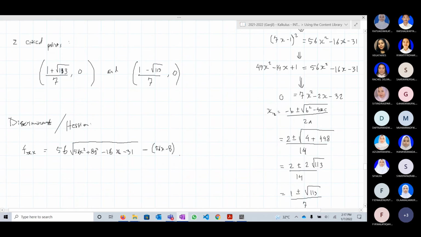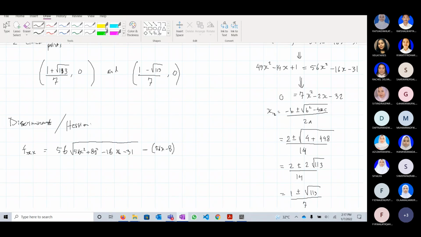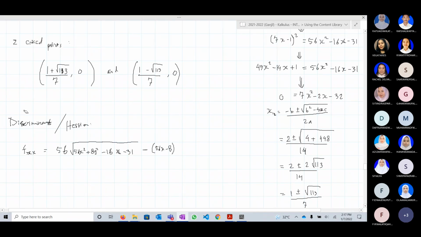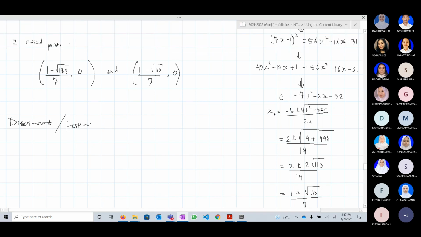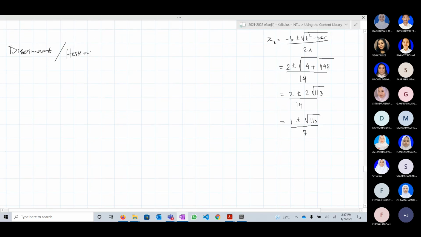Okay, this is too long. I think you can try to finish it by yourself later, but at least we have found the critical points. So the next step is to find the discriminant and Hessian, yeah, and then evaluate the results.